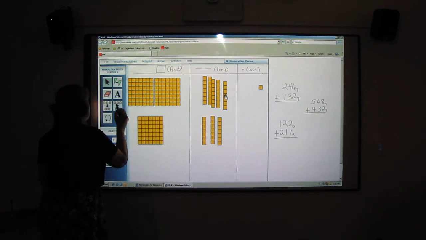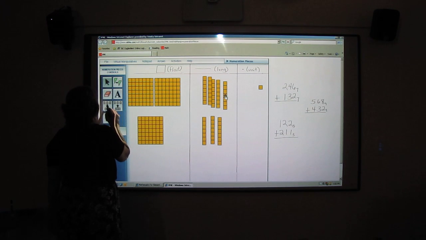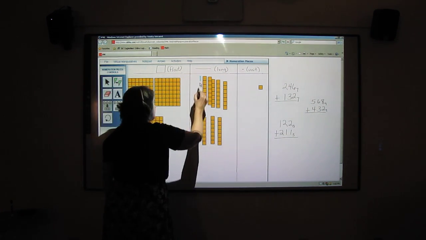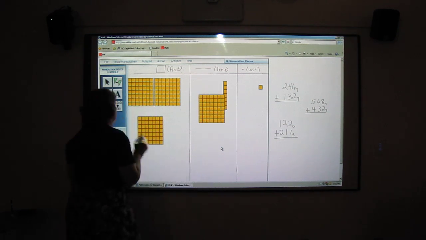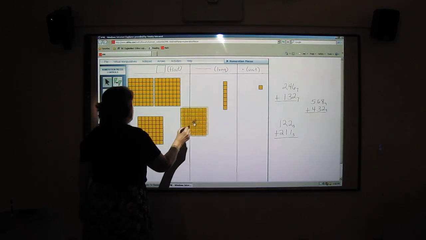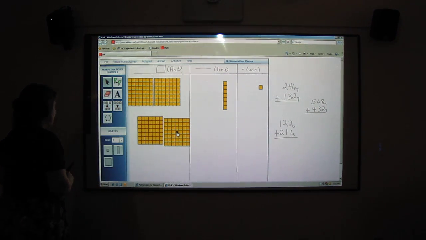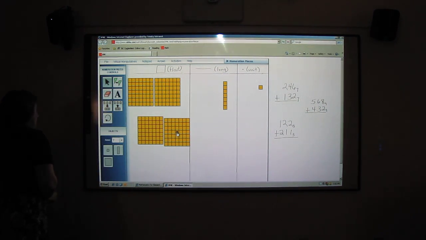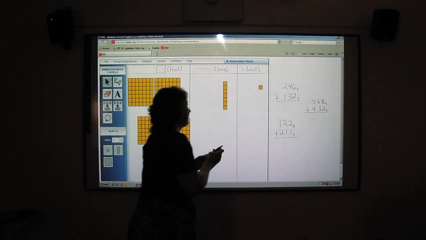Then do the same thing. Do I have more than 6? Yes, I have to trade it in. And we can move that one over here. I don't have more than 6 here. So I'm perfectly fine.